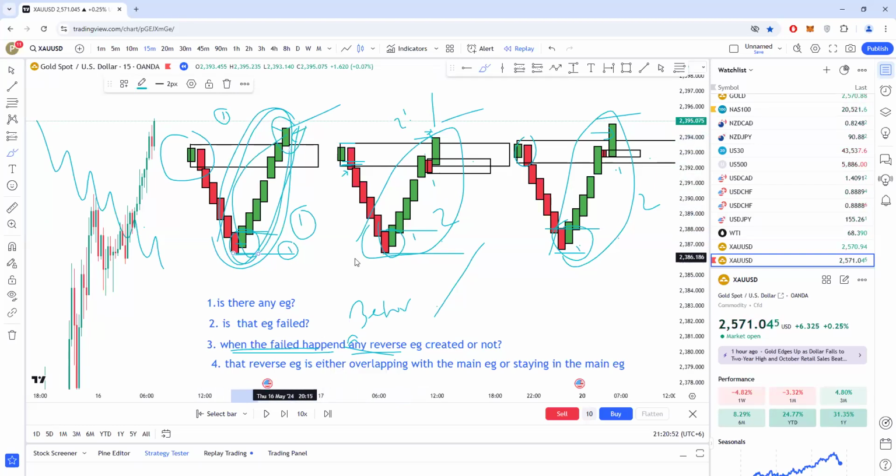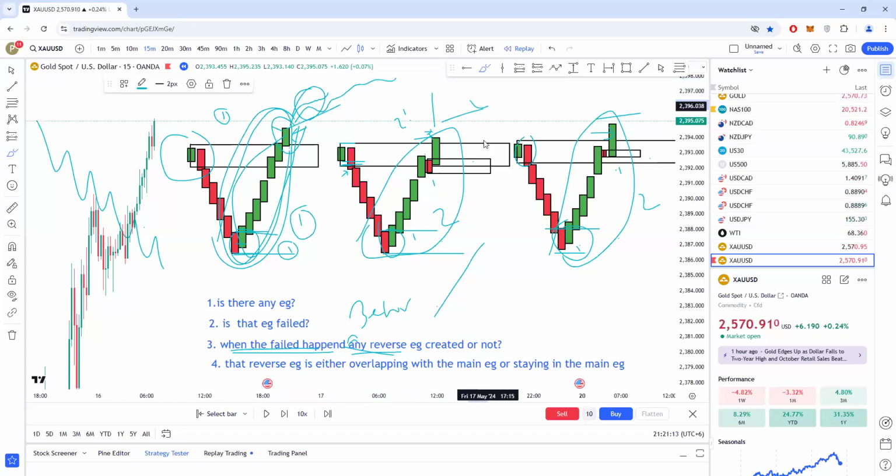So this is the one. Before the fail, brother, after it could not be. There is nothing, there is no candle, so how can I say about after? Before, yes, we have a reverse engulfing there. And how many on here?